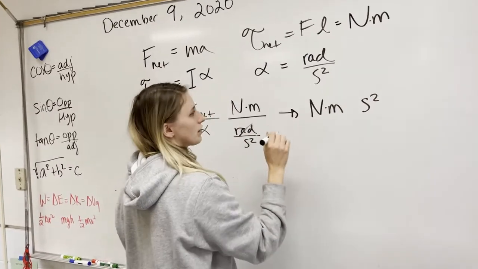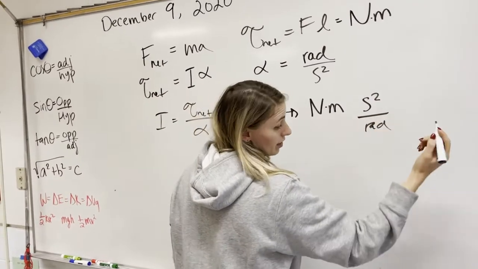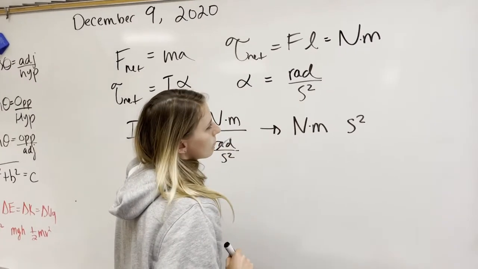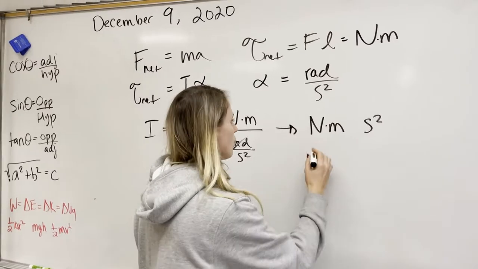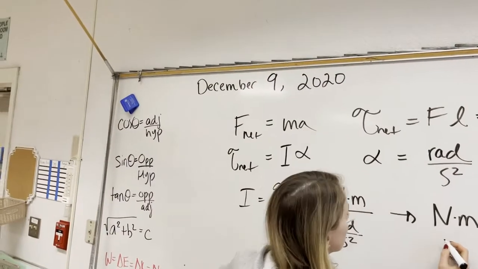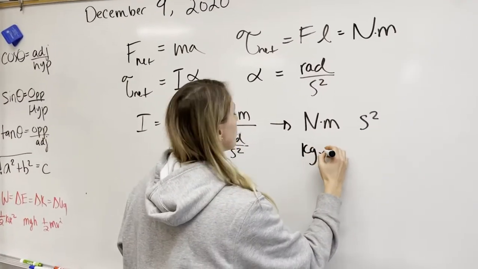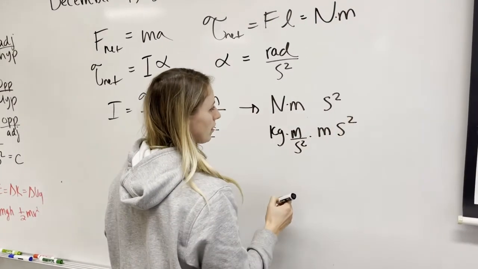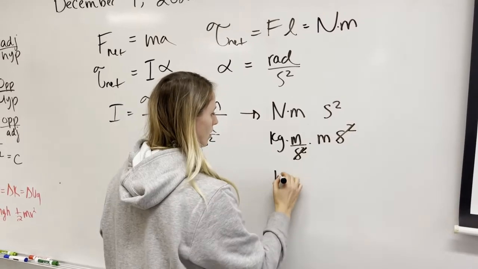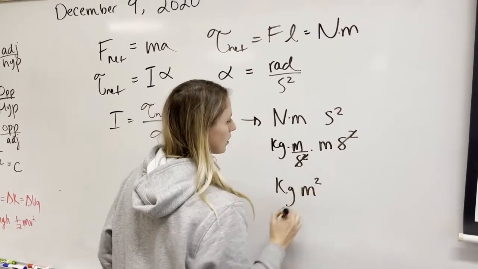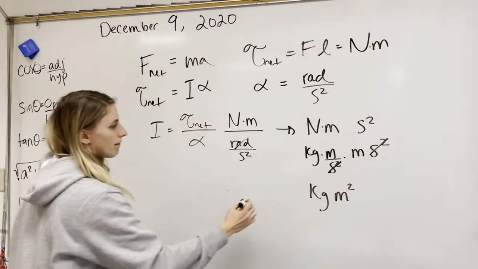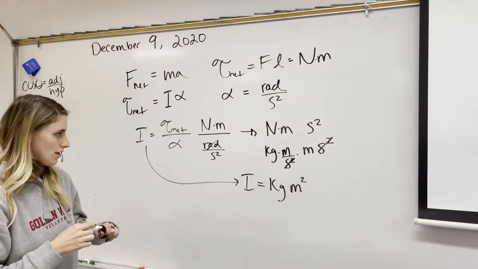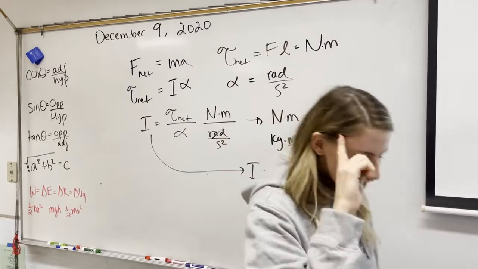That gives Newton meters second squared. What is a Newton though? Well, from Newton's second law, force comes from mass times acceleration. So kilograms times meters per second squared, times second squared. These cancel, and you've got meters times meters. That's going to be meters squared. So the units of moment of inertia are kilogram meters squared.